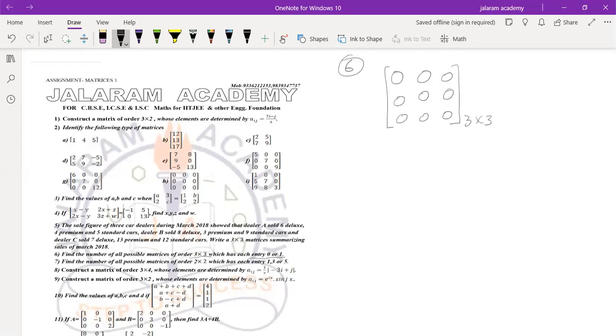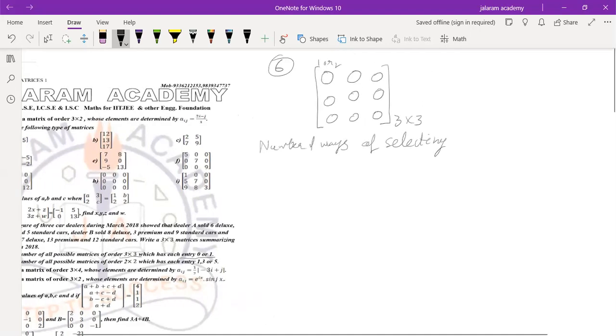So each of them will be occupied by either 1 or 2. So how many number of ways are there of selecting A11?